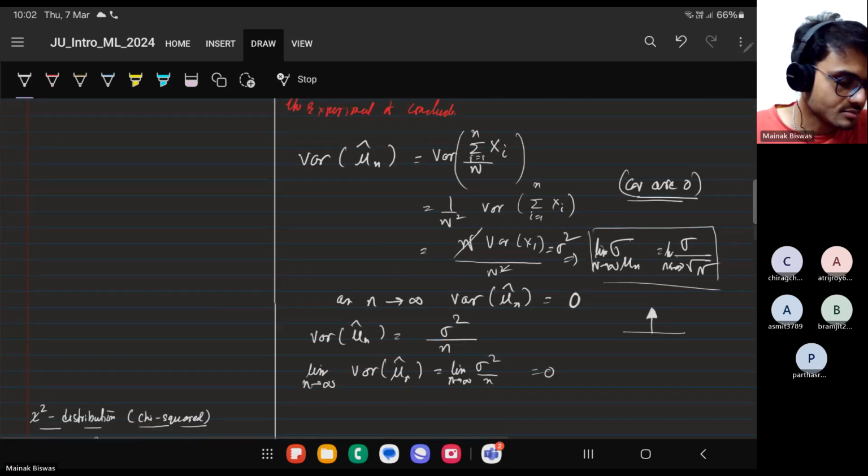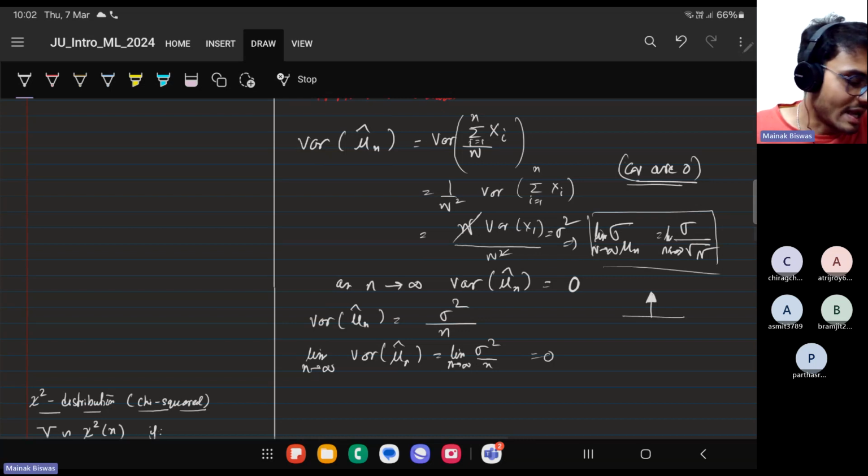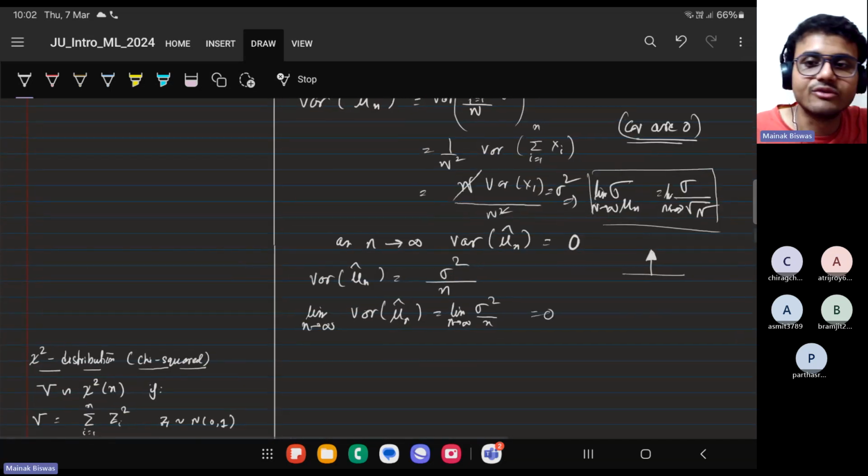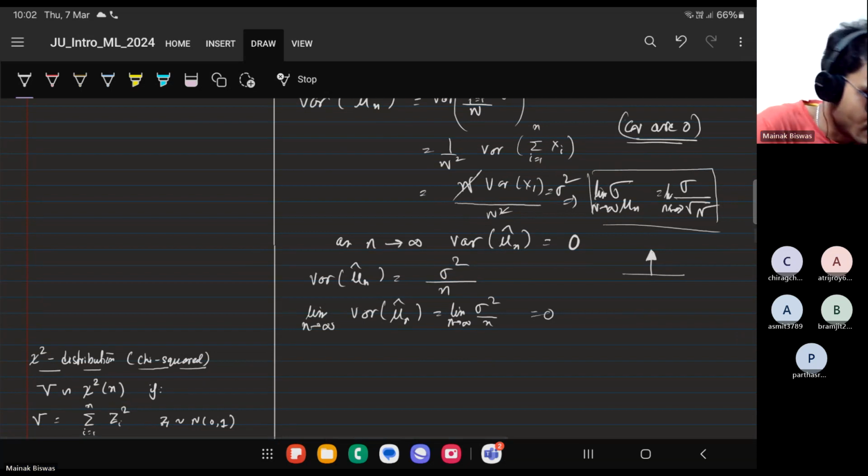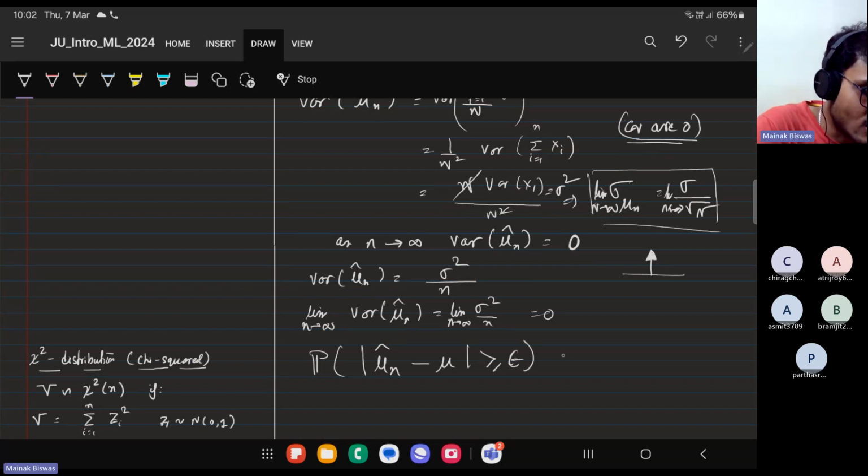Okay. Next. But I have to show that the means converge, right? That I have to show the probability that the sample mean mu n minus the actual mean, being greater than some epsilon, is equal to 0 for all epsilon greater than 0.